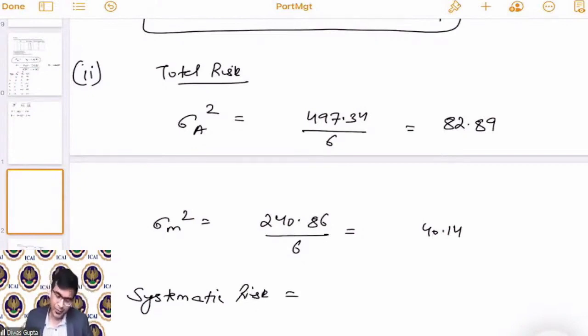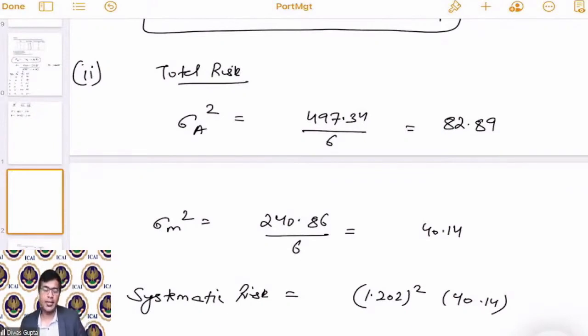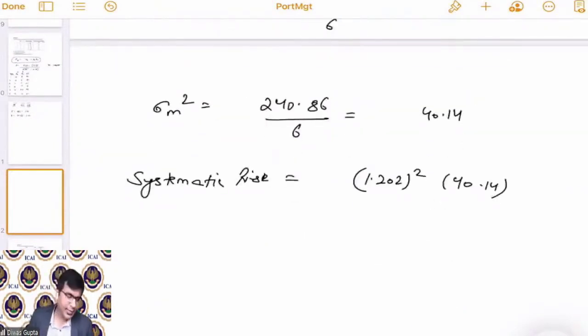Beta was how much? 1.202 square multiplied by 40.14. This is already a variance of market, correct? And hence the systematic risk comes out to be 57.99.